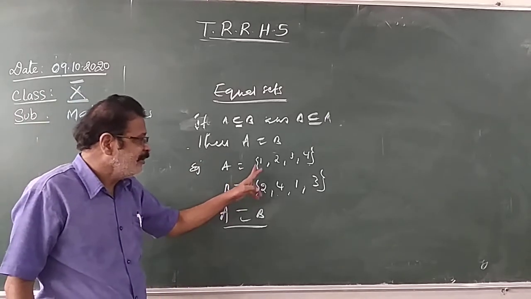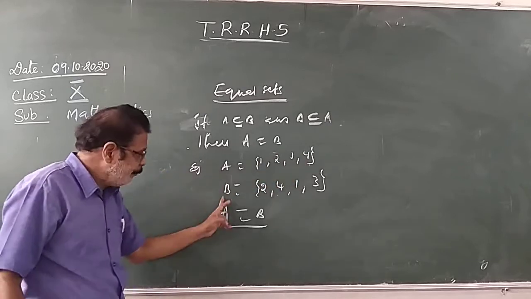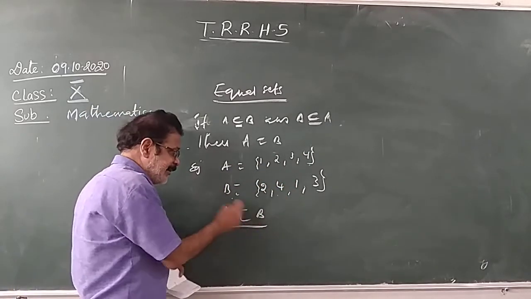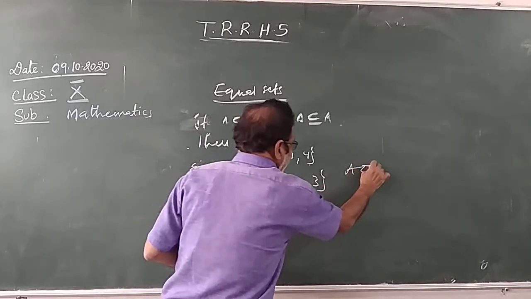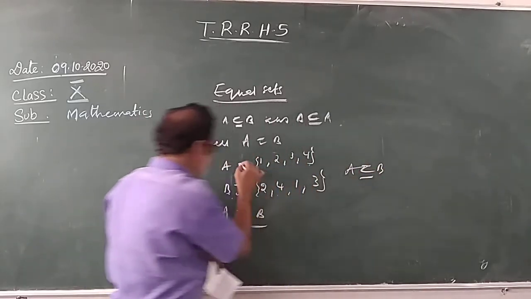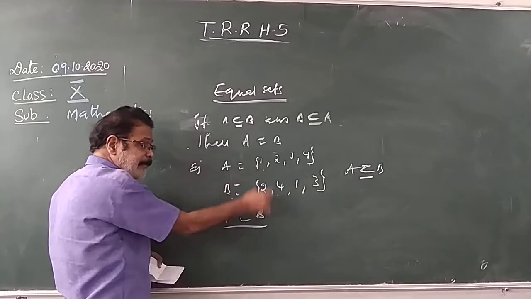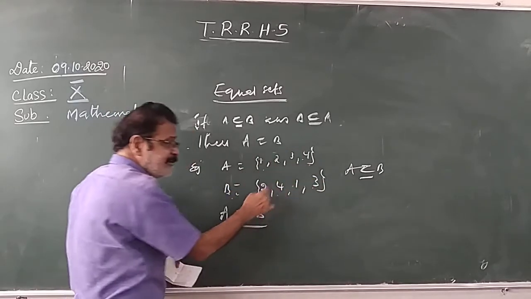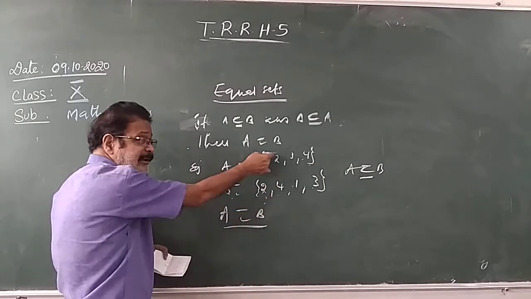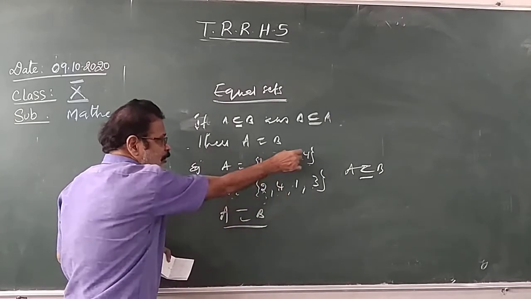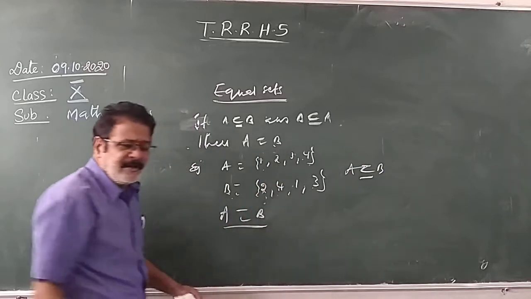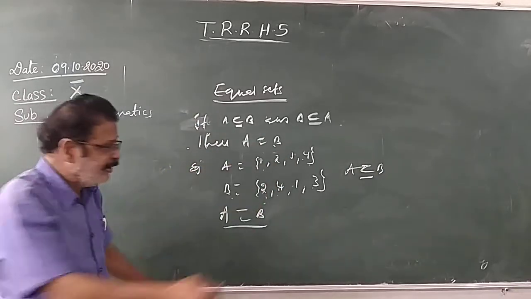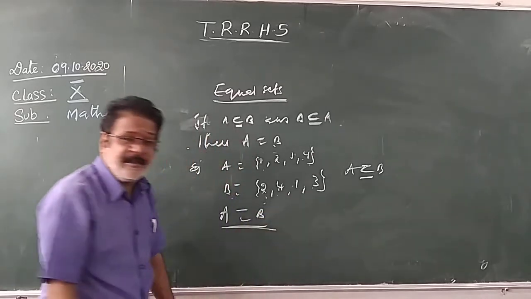In set A there are 1, 2, 3, 4 and in set B also 1, 2, 3, 4. So A is a subset of B, since 1, 2, 3, 4 are all there. Every element of B is also in A. Every element of A is in B and every element of B is in A, so A is equal to B.